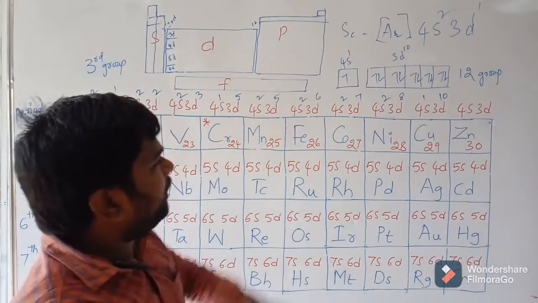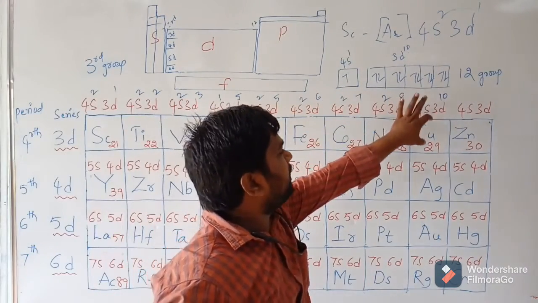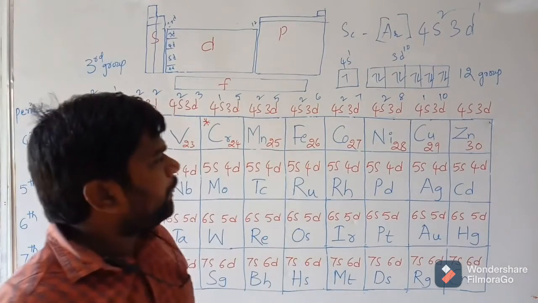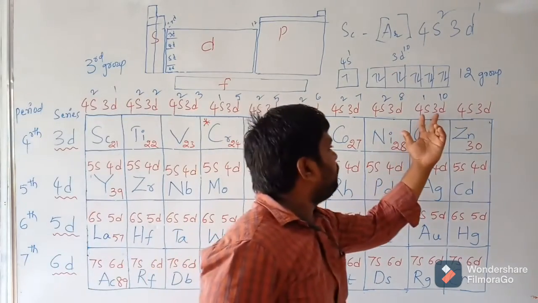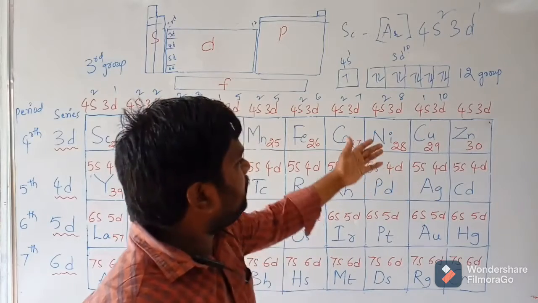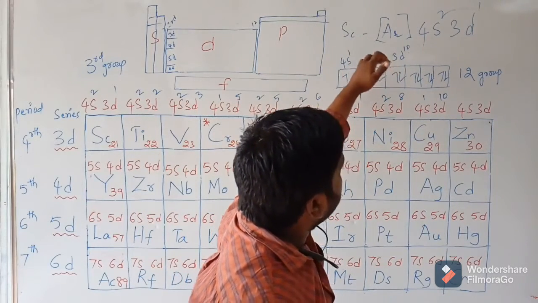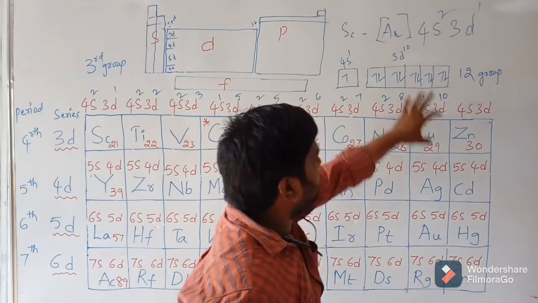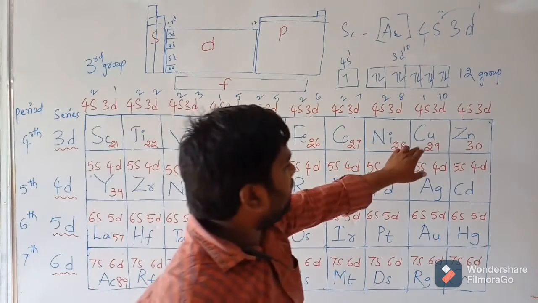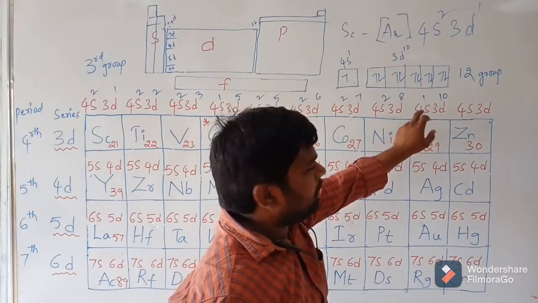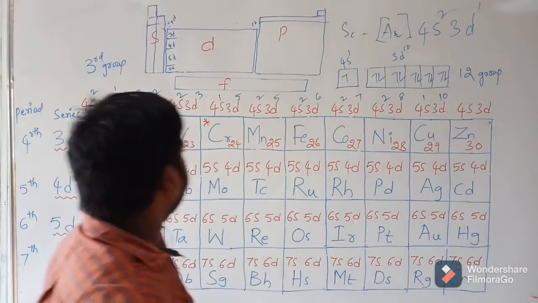By the formation of completely filled electron configuration, this element goes to stability, because the energy gap between the 4s and 3d is less. So at the higher energy level, the electron will jump from the 4s to 3d in the formation of 4s1 3d10 electron configuration. That is the reason the stable electron configuration of copper is 4s1 3d10.